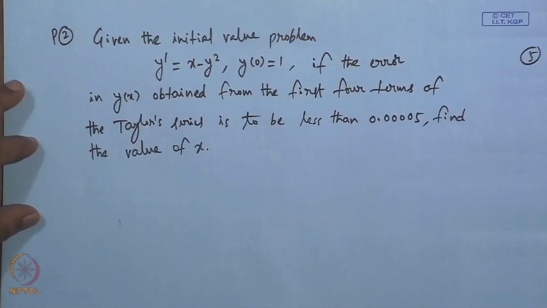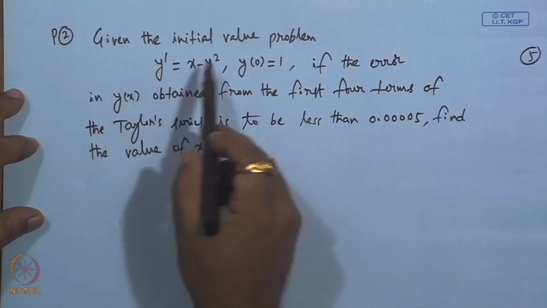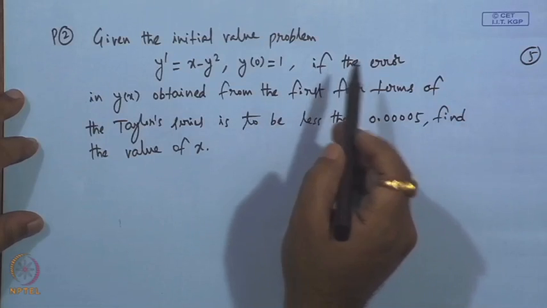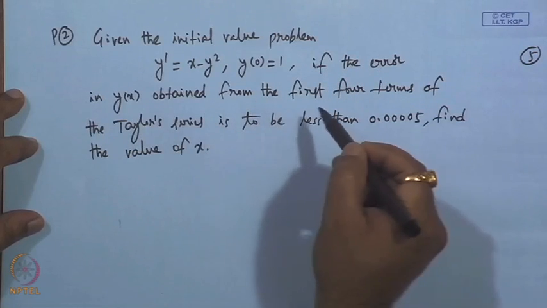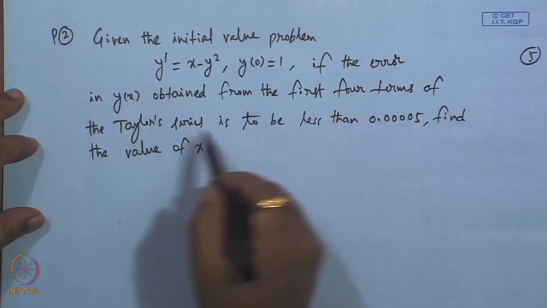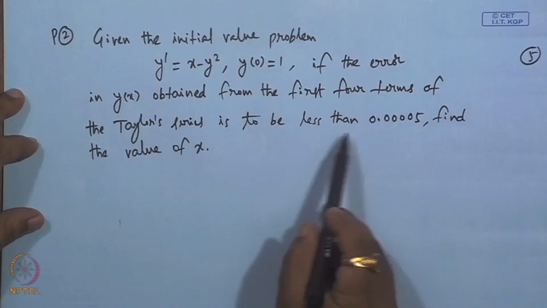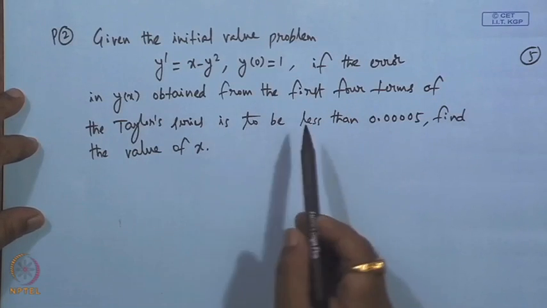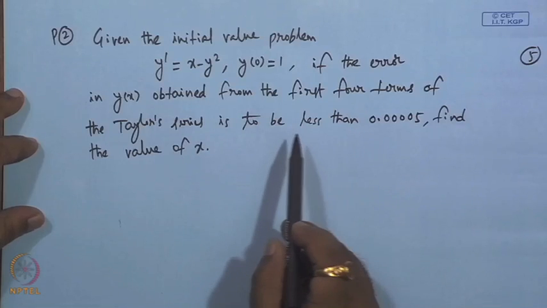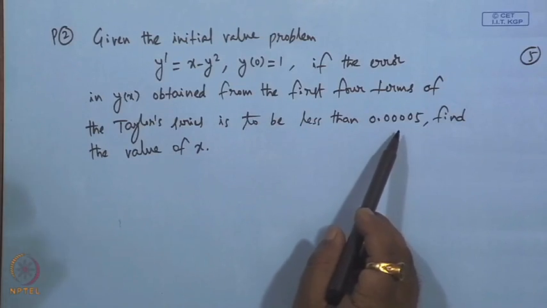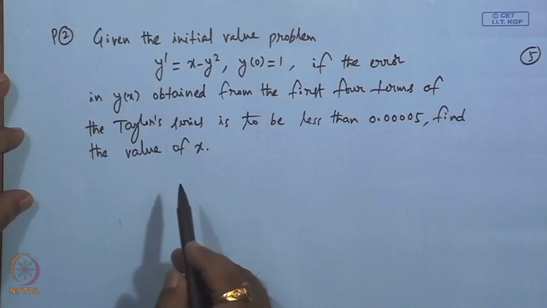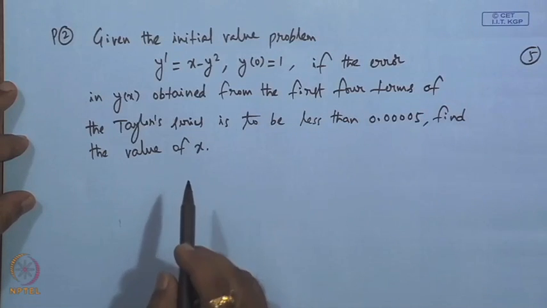Okay, so let us try to understand. Given the initial value problem, if the error in y of x obtained from the first four terms of the Taylor series is to be less than this, then what should be the condition on x?